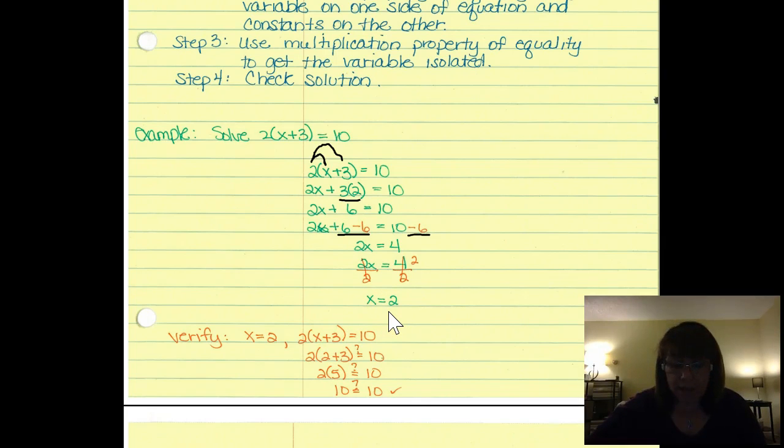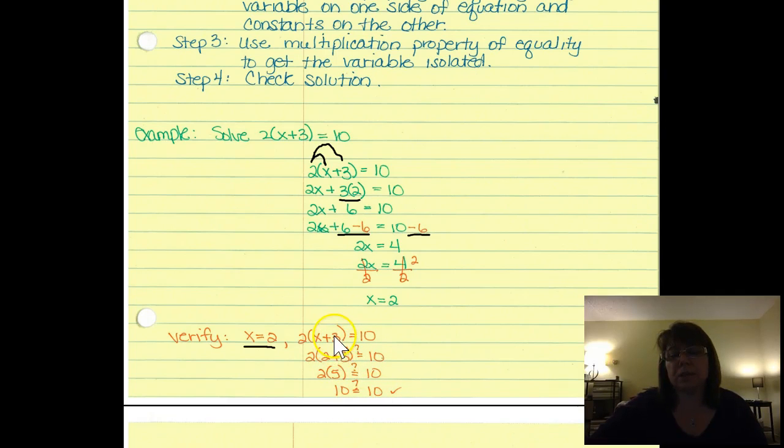Now at this point you want to check your answer. You want to verify by putting a 2 wherever you see an x. So where 2 times the quantity x plus 3 equals 10, does 2 times 2 plus 3 equal 10? 2 times 5 equals 10. Now if you noticed, I never moved the right-hand side.